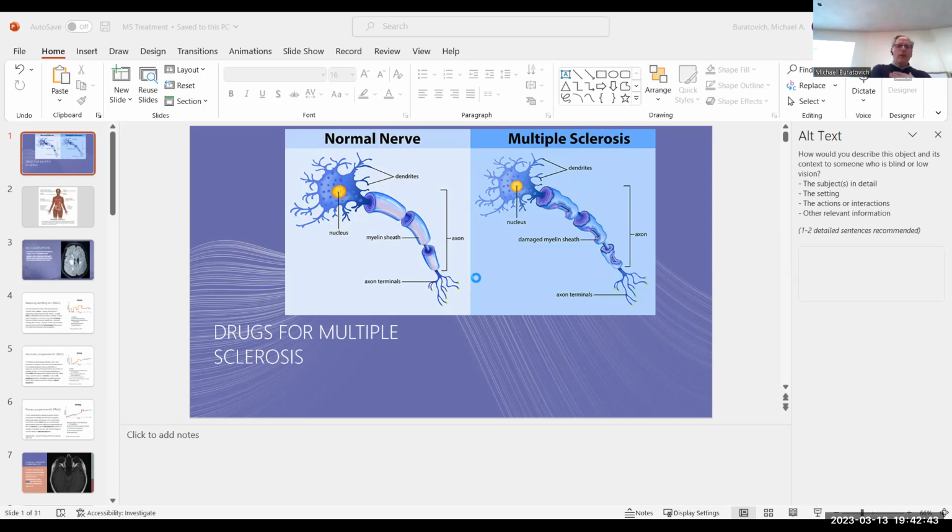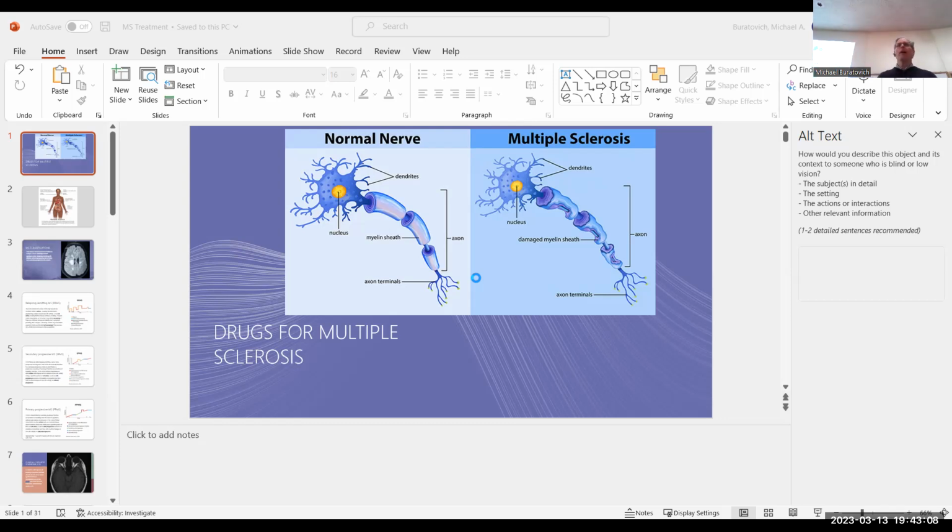All right, so the treatments start usually with steroids. But again, you don't want someone on steroids for long periods of time. You can get Cushing disease, and you just really don't want to go there. So the first drugs usually tried are the interferons.